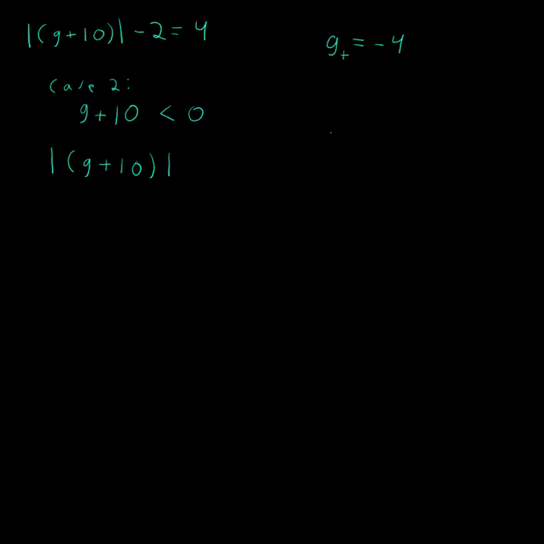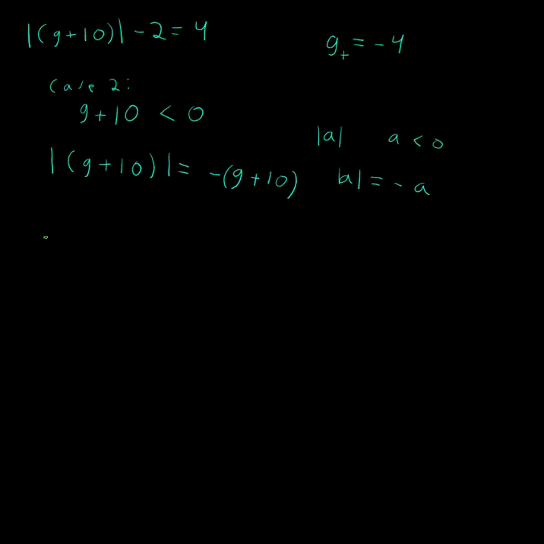Well, if you remember, the absolute value of a, where a is less than 0, equals negative a. So, the same property applies here. The absolute value of g plus 10 when g plus 10 is less than 0 is just going to be negative (g plus 10). And remember those parentheses.